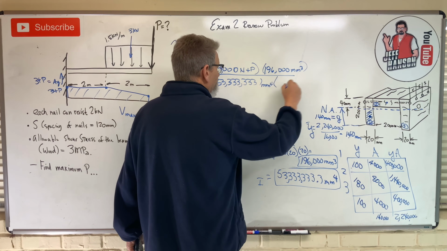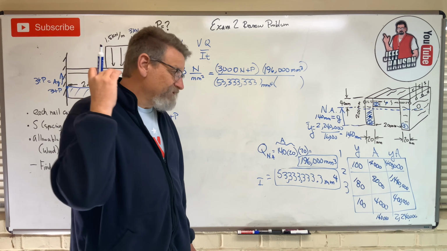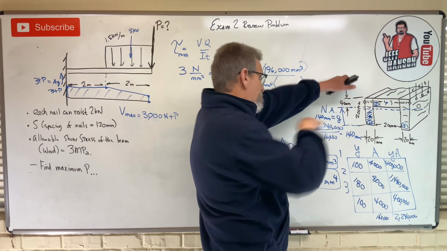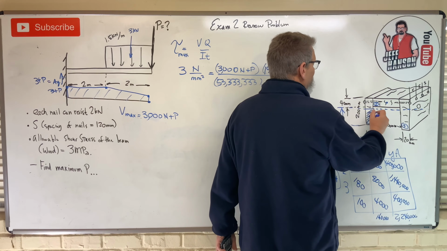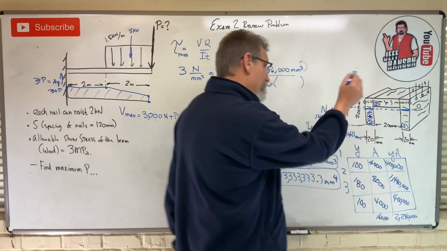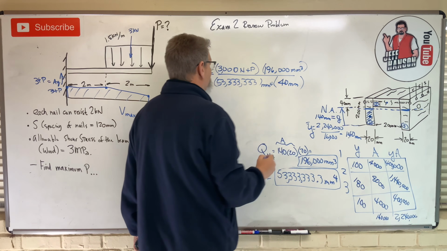And then times T, the thickness that I'm going to have to tear through at the neutral axis to make that beam shear in half, transverse shear. What am I going to have to tear through? I got to tear through that, and I got to tear through that. 20 there, 20 there, so I got to tear through 40 millimeters.